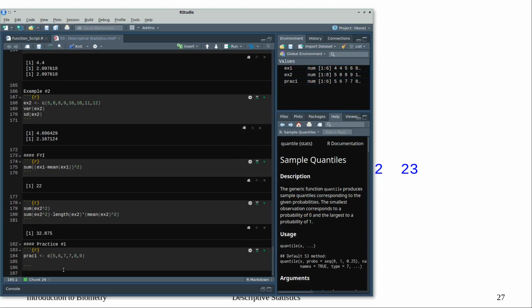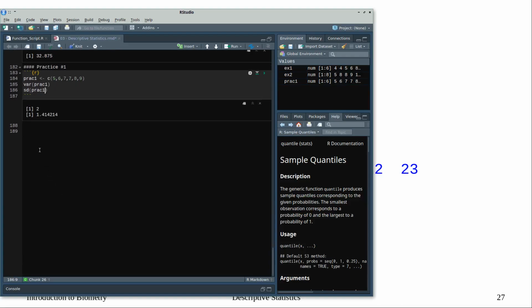Read it in. Now I need the variance, and I need the standard deviation, of prac 1. And what you see is that the variance is 2, standard deviation is 1.414. And that matches what we calculated by hand.